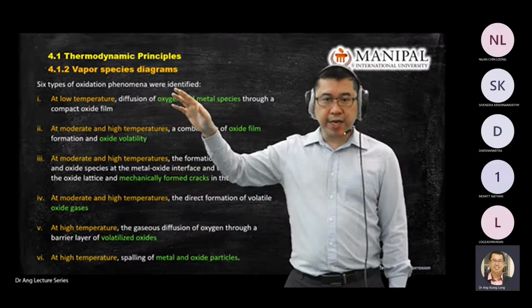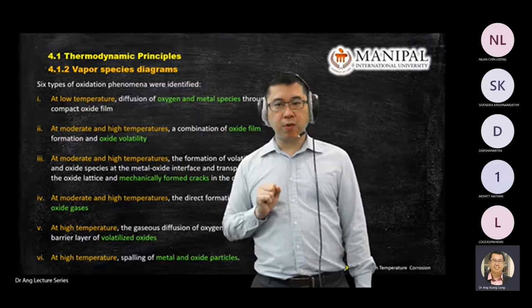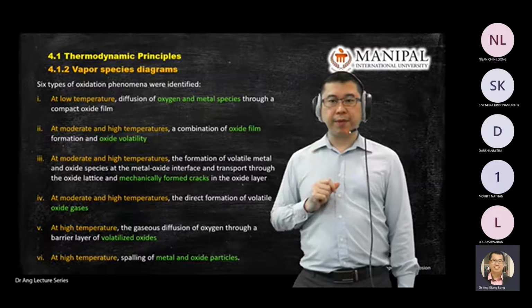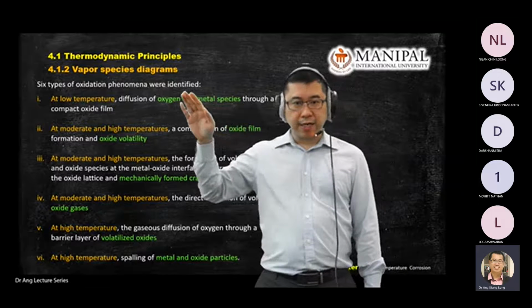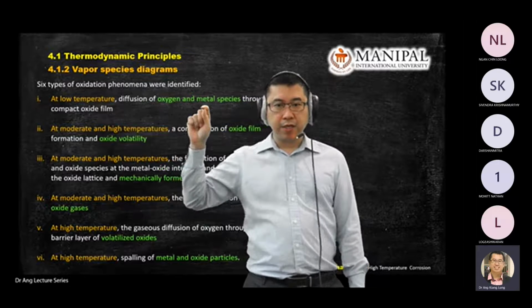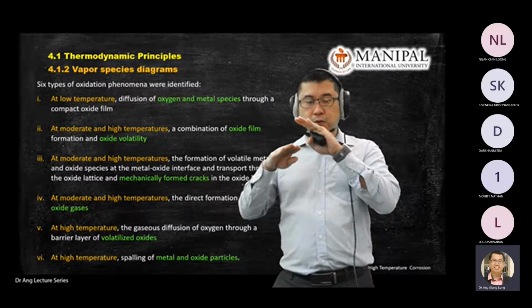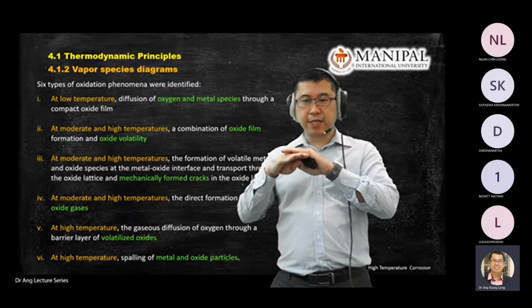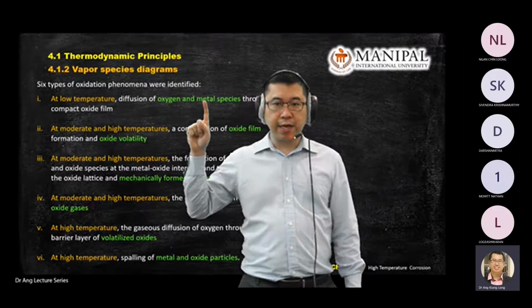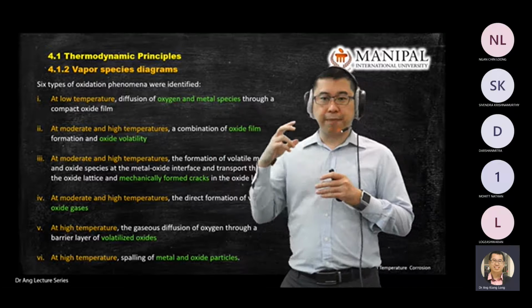So during low temperature, what happens to the corrosion process? At low temperature, you focus on oxide film. You know that when corrosion happens, a protective film forms. So for the oxidation phenomena at low temperature, you focus on oxygen and metal species, the contact between oxygen and metal species.